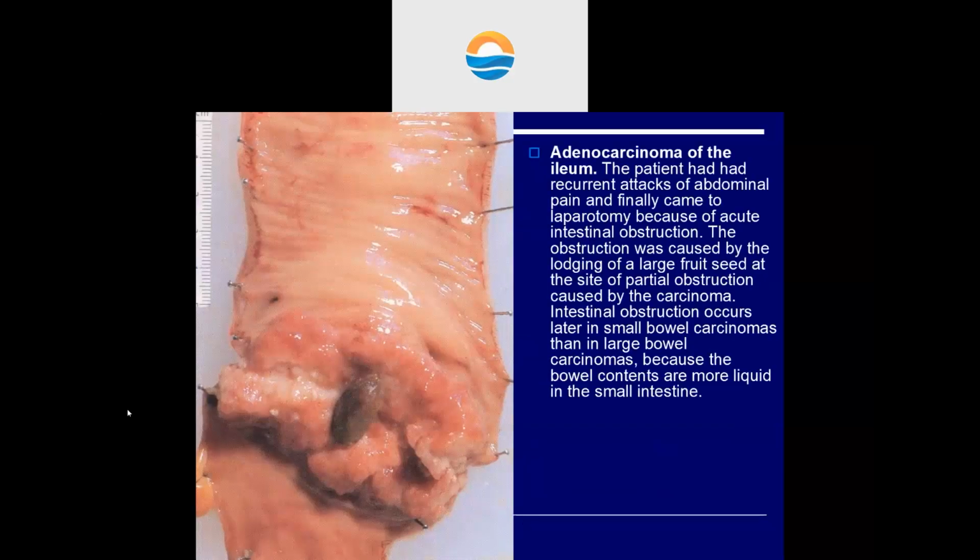So here you see the adenocarcinoma of the ileum. The patient had recurrent attack of abdominal pain and finally came to laparotomy because of acute intestinal obstruction. The obstruction was caused by lodging of a large fruit seed at the site of partial obstruction caused by carcinoma.